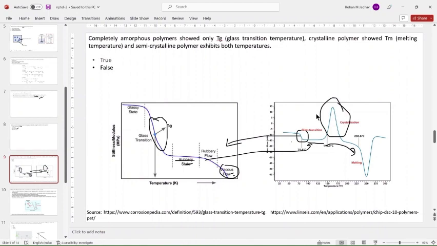If you go below it, the polymer will show some degree of crystallinity, and if you keep cooling it down, it will form proper crystals. But if you keep increasing the temperature beyond this, it will start melting. As you can see, it starts melting. And you can see right here. It's not visible because of all these lines.